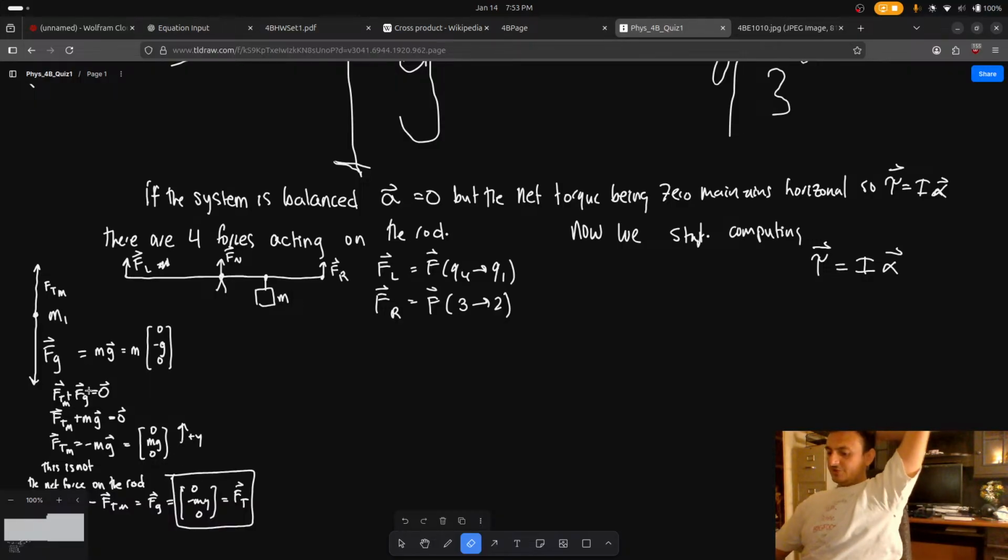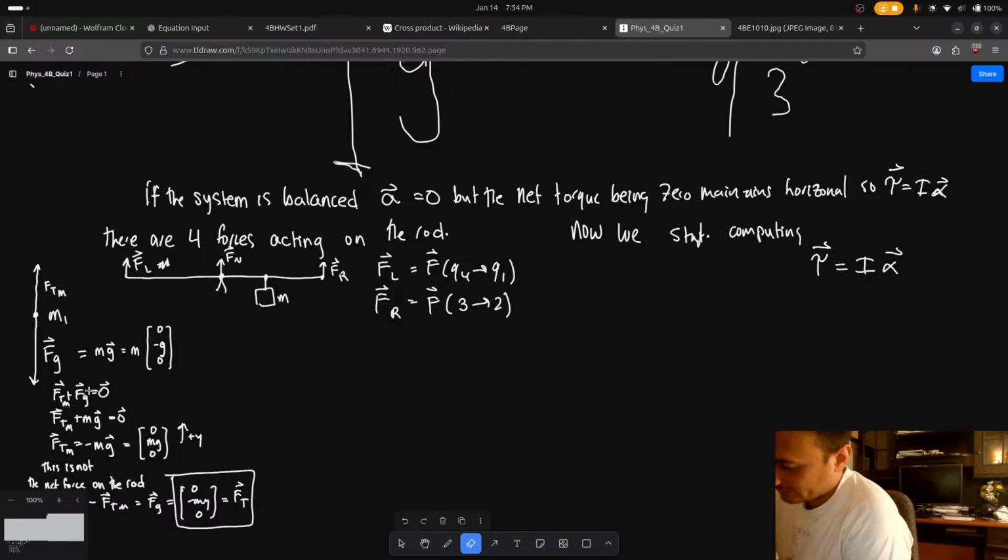So first let's compute these forces, right? So let's just get these down. So FL is equal to KQ4, which is just big Q, Q over H squared, (0, 1, 0).